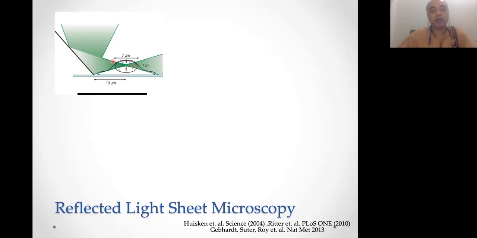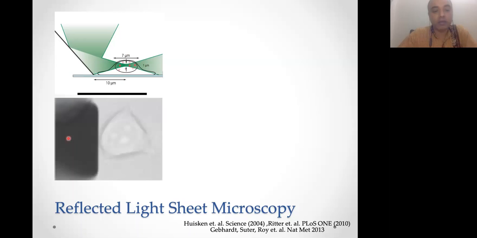And then the laser is also squeezed in one axis, so that while it focuses on this axis, along the other axis it is a flat sheet. I will show you a scheme for that and a video of that. So this is the mirror that I'm talking about.